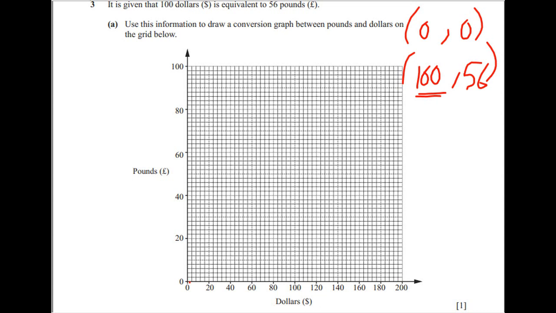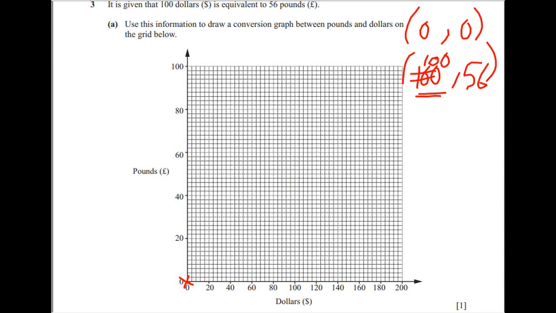Alright, so mark these 2 coordinates: 0, 0 and 100, 56. So 100 comma 56 will be somewhere, 56 will be 2 boxes below 60.